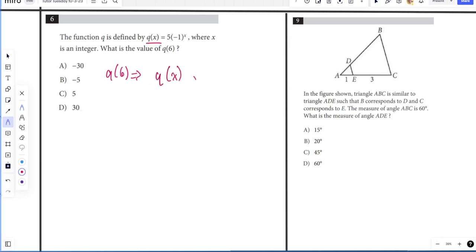So q of 6 equals 5 times negative 1 to the power of 6, and that's 5 times 1, which is 5. Of course, negative 1 to an even power is going to be positive.